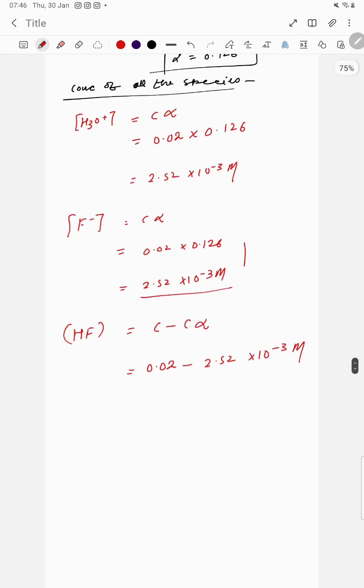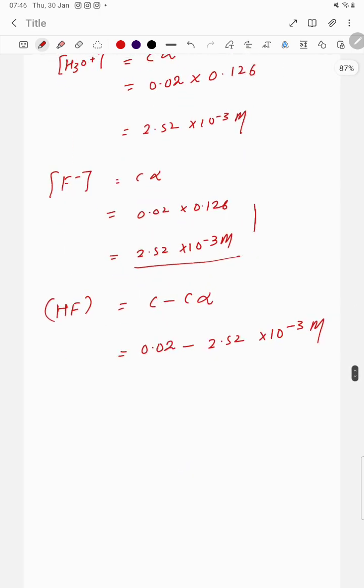So dear student, how can you subtract? The subtraction itself is a little bit tricky. 0.02, and then you simplify this one, student. The decimal will run down three digits, 0.00252. So you subtract this one, and the value coming is 1.748 into 10 power minus 2, right?